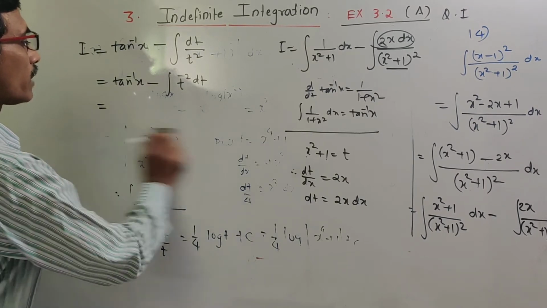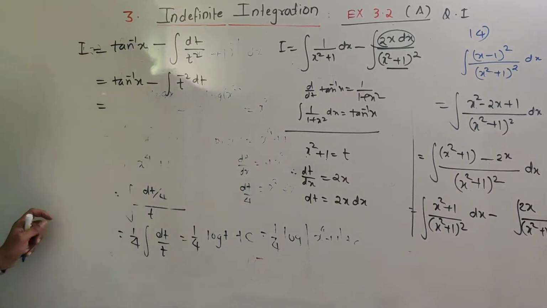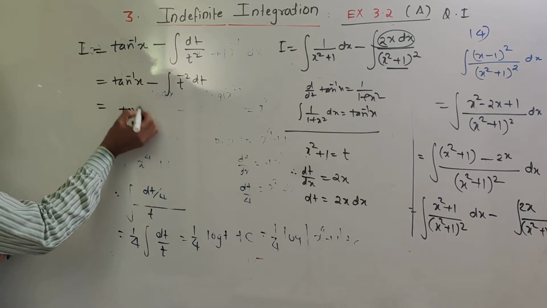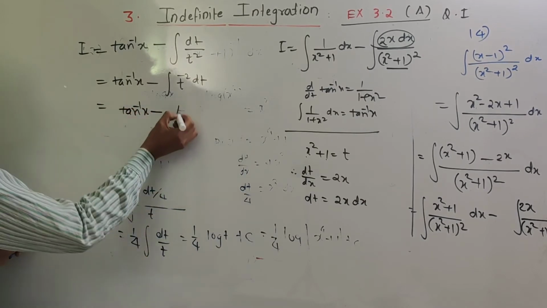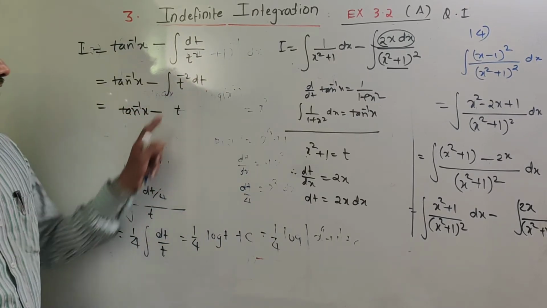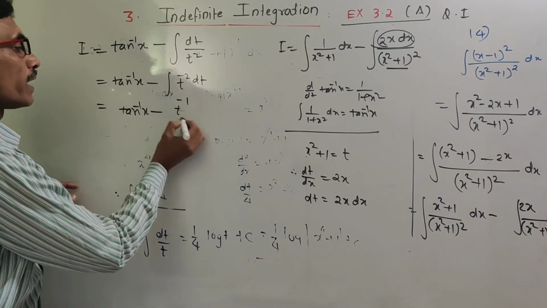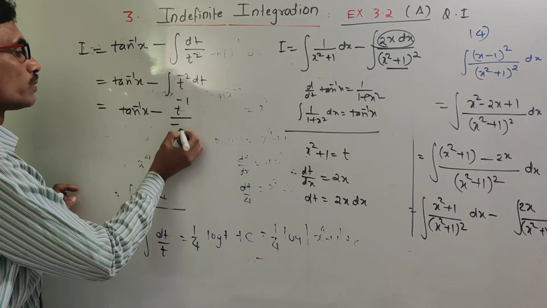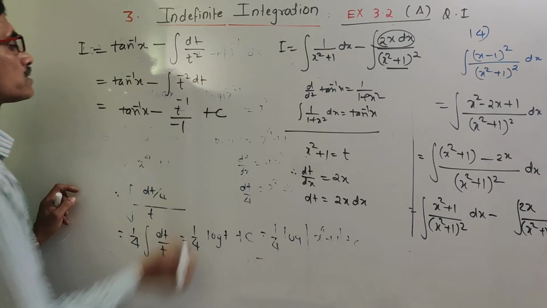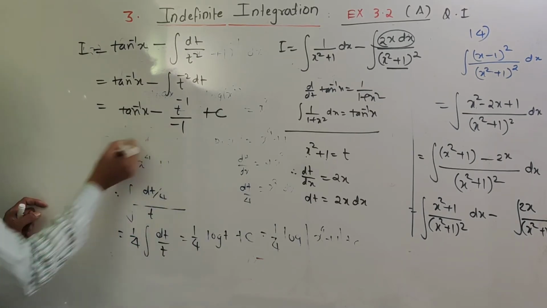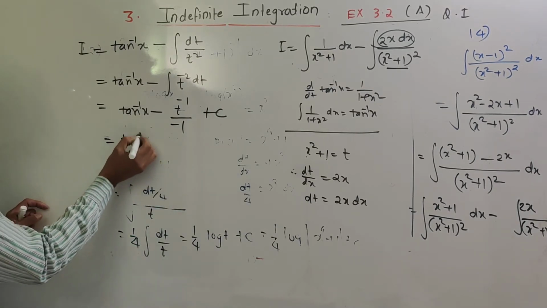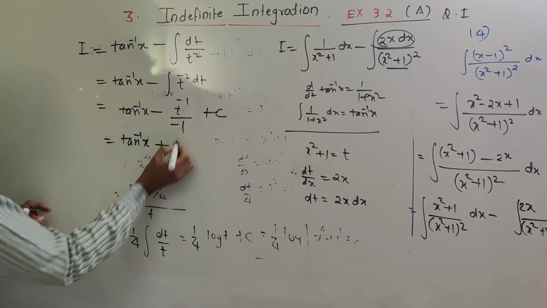So t raised to power n will be n plus 1 upon n plus 1, which is tan inverse of x minus t raised to power n plus 1, minus 2 plus 1 will give us minus 1. Here minus 2 plus 1 is minus 1, plus c.